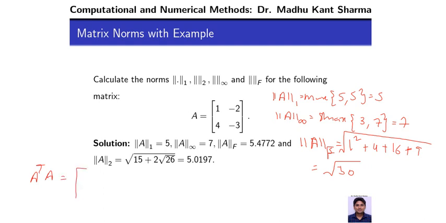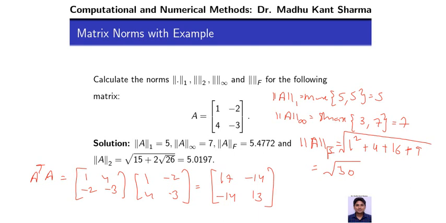So what is it equal to? 1 minus 2, 4 minus 3, multiplied out, 16 plus 1 is 17, then this is minus 2 minus 12, that is minus 14, then again minus 14, and 4 plus 9 is 13.